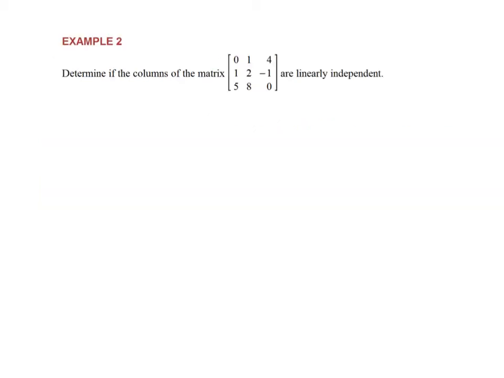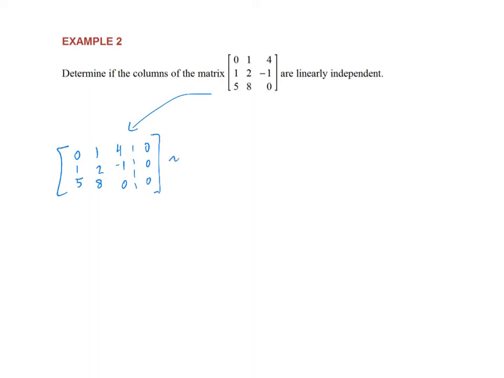In our next example, we have just that, a matrix, and we want to know if the columns of this matrix are linearly independent. Same exact steps as before: 0, 1, 5, 1, 2, 8, 4, minus 1, 0. Augment that with a column of zeros representing that homogeneous system.